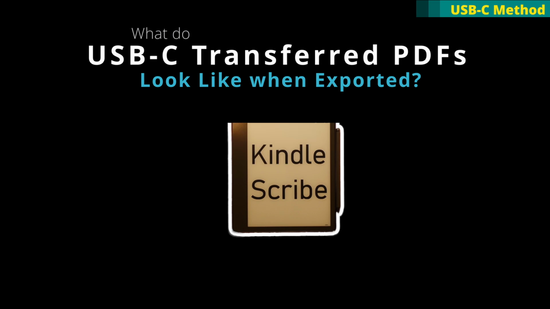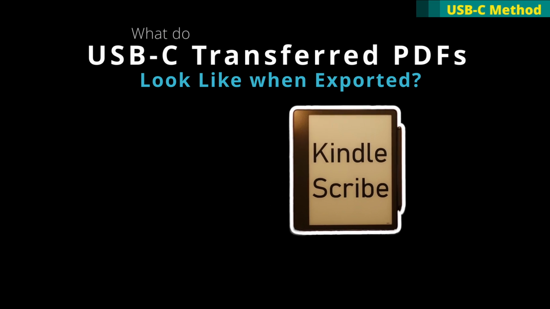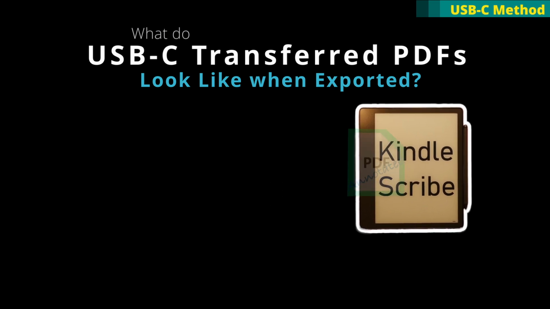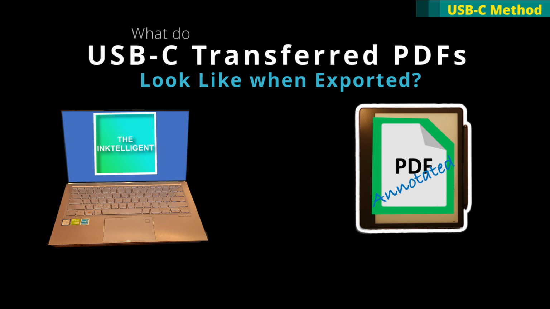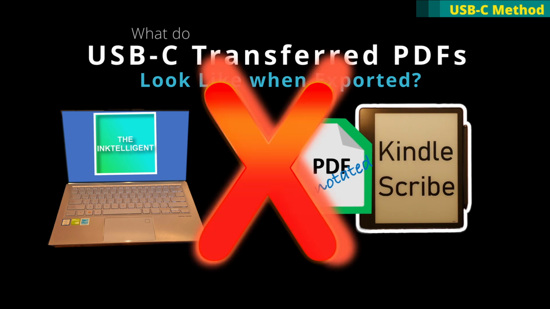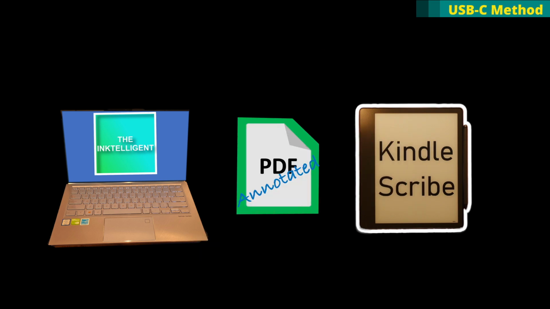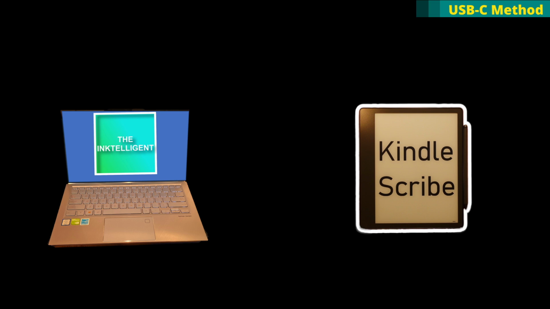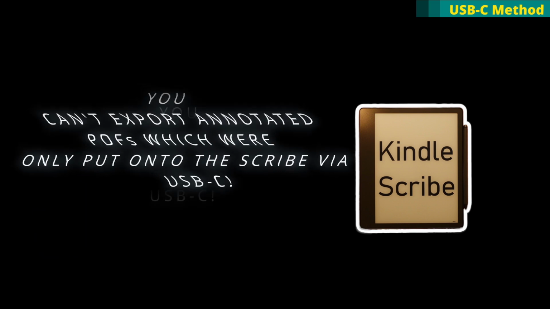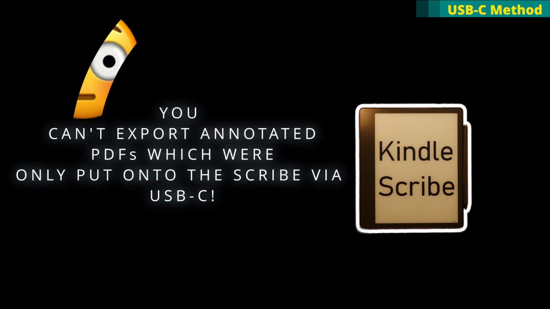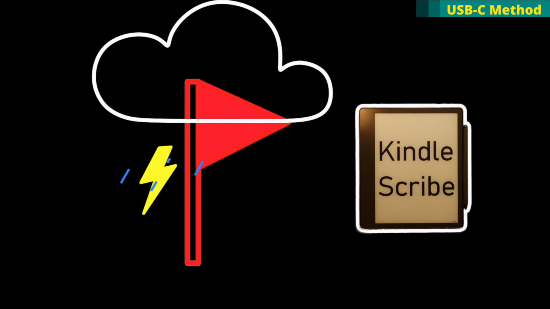Okay, so what do USB-C transferred PDF documents look like once you export them? Well, they don't. By which I mean they don't look like anything. You actually have no ability to export annotated PDFs that have only been transferred to the device via USB-C.